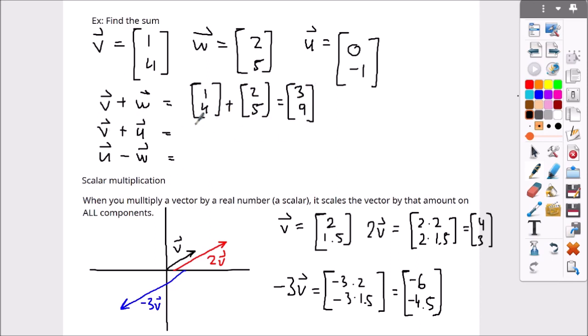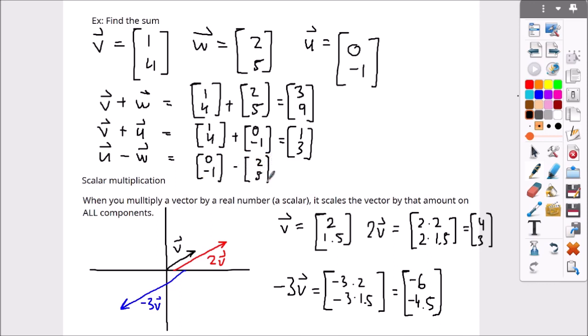And v plus u, simple as well. 1, 4 plus 0, negative 1, which is equal to 1, 3. And u minus w is 0, negative 1 minus 2, 5. So with subtraction, you also just subtract horizontally. Negative 2, negative 6.